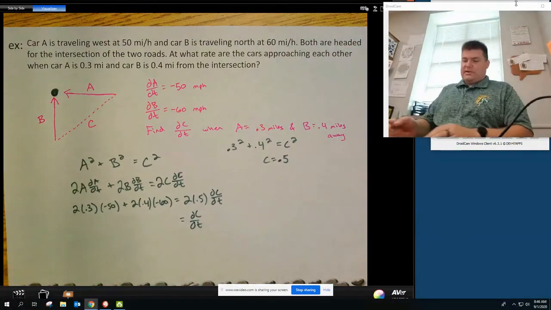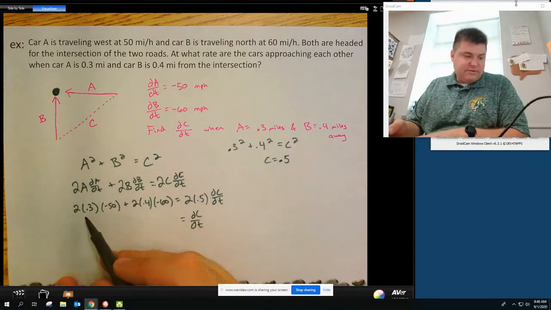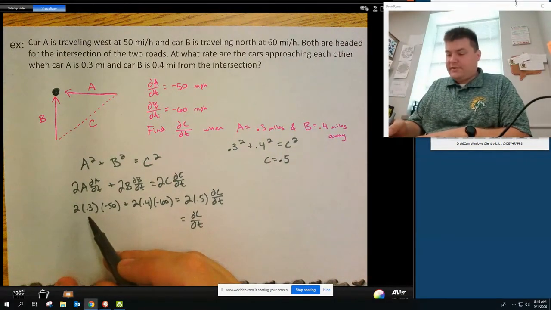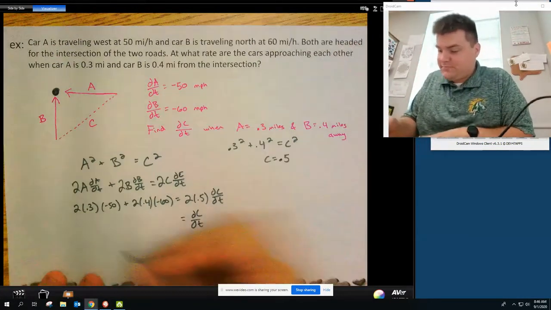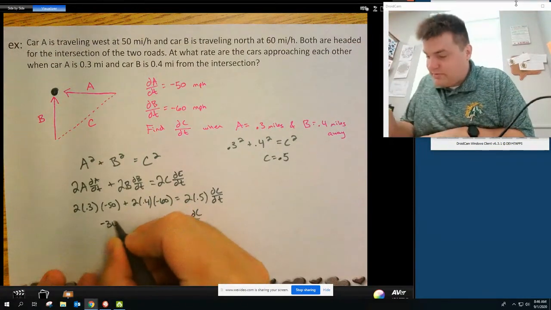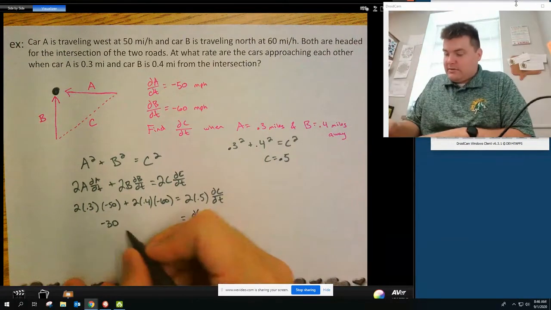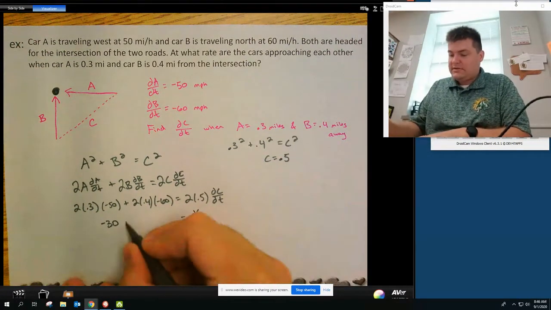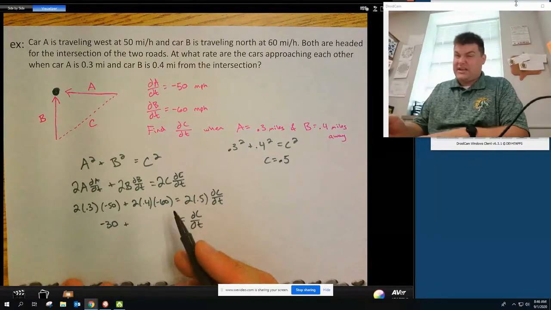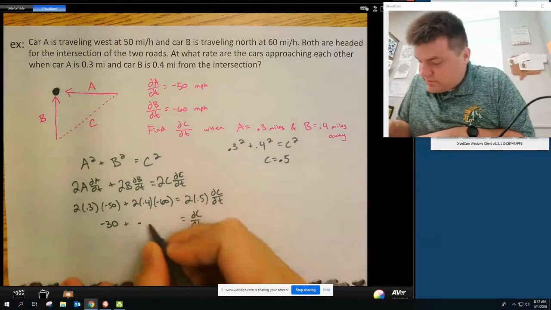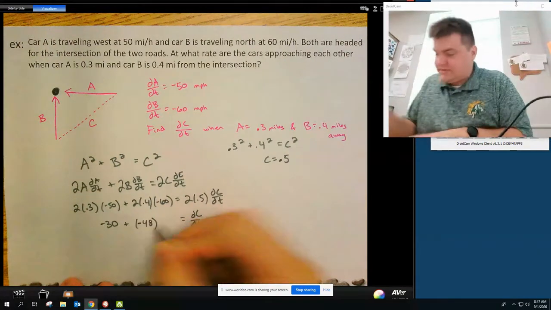Okay, so when I go through here and do all of these, 2 times 0.3 times 50 is going to be negative 30. So I'm going to get negative 30 plus 2 times 0.4, which is 0.8, times negative 60. That's going to give me negative 48. Parentheses to make that a little easier.